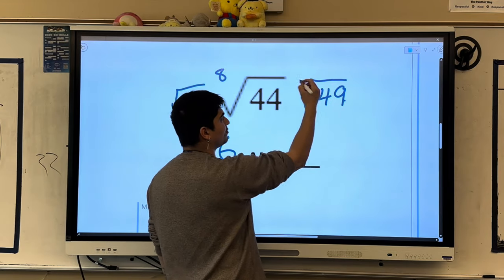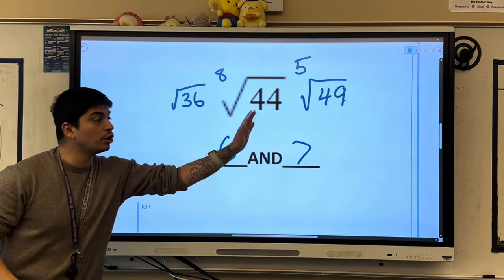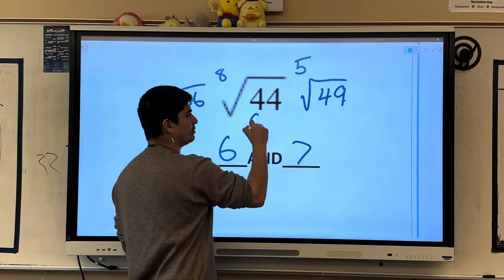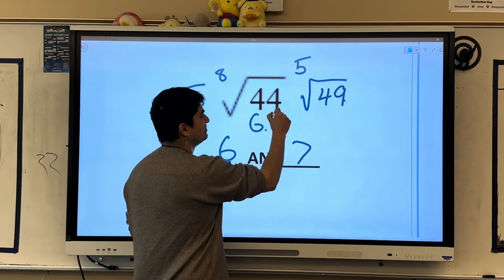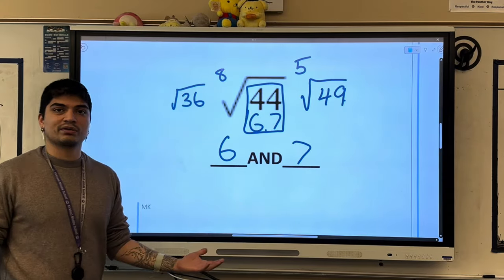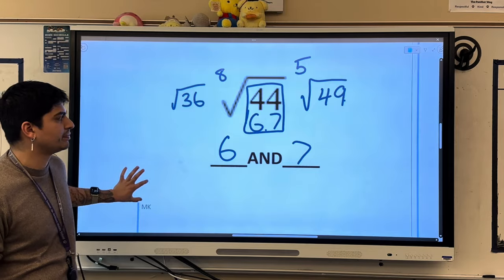From 44 to 49, that's going to end up being 5 numbers. So again, it's closer to 49. I'm going to say that this is roughly about 6.6, or I'm sure you guys all love it, roughly about 6.7. That's a real number that we can think of. We could factor it, but that's roughly the real number.